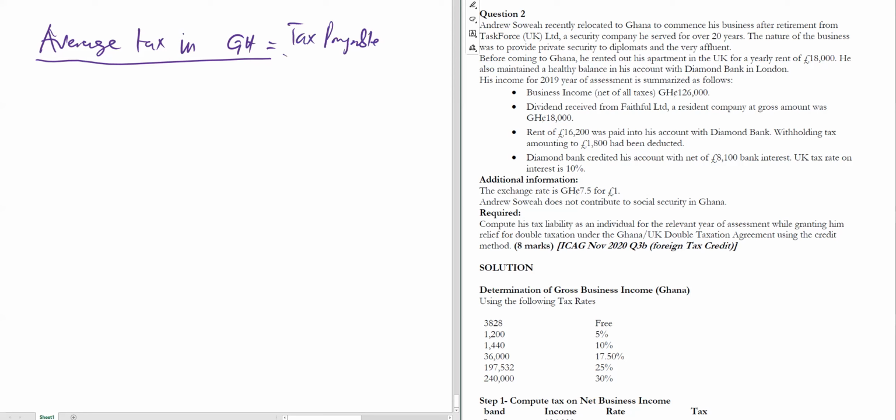over our chargeable income, times 100. Okay, so first of all, we need a gross income. The gross business income, but the business income was net of all taxes.